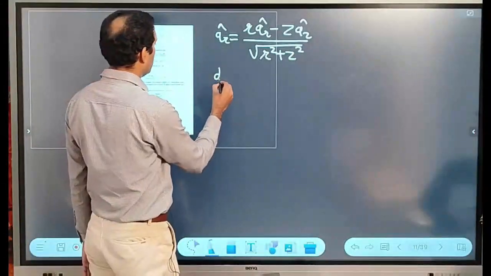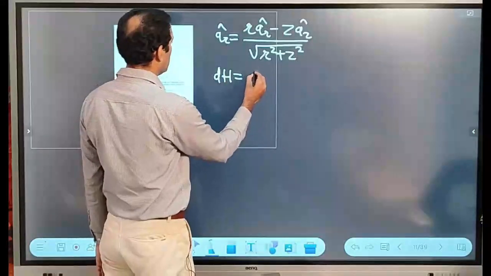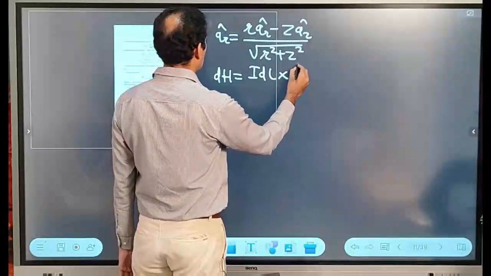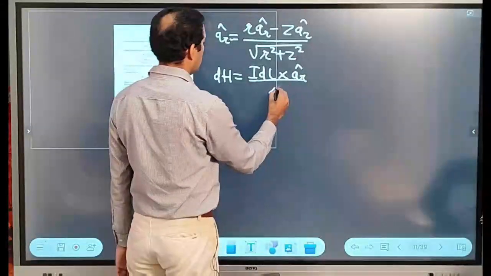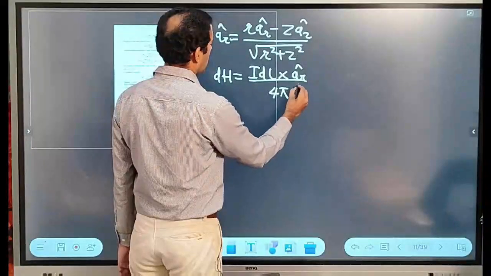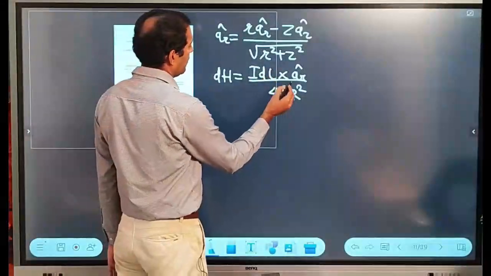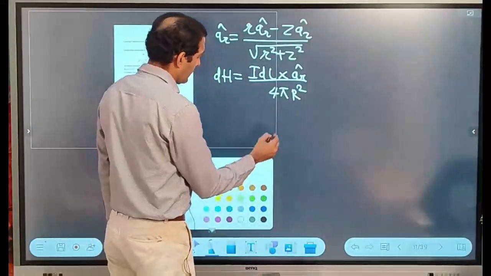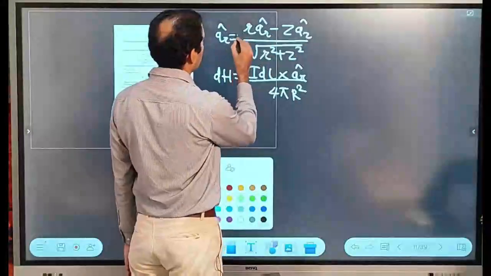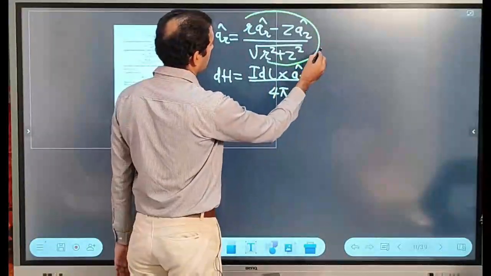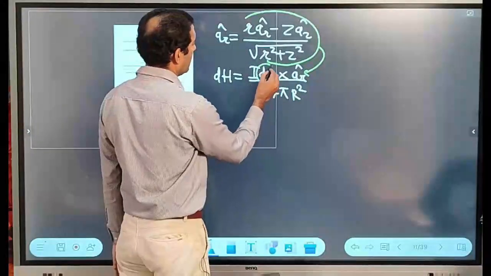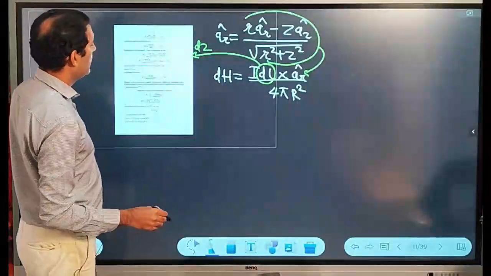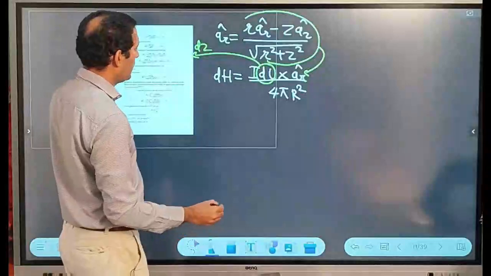What is our basic formula? dH is equal to I dl cross ar cap divided by 4 pi r square. In place of ar cap, we will keep this value. In place of dl, we will write dz az cap. So let us put these values.